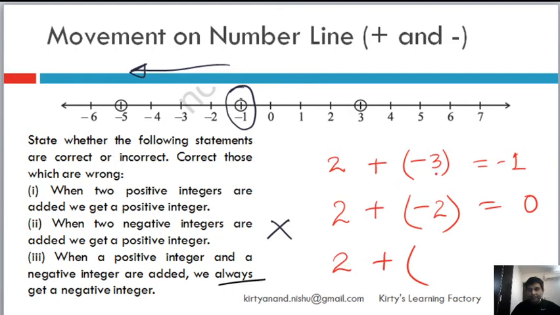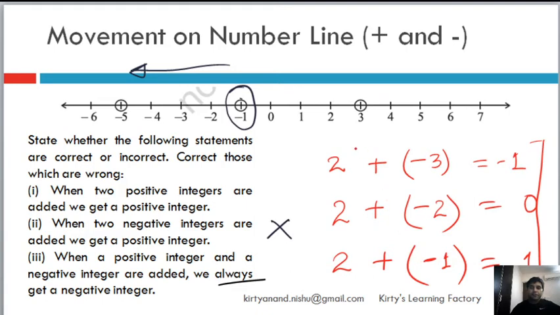Here we have taken a value which is numerically greater than 2. Here we will take a value which is numerically smaller than 2. So let's say we take -1. Now what happens? It is 2 minus 1, which is 1. So as you can see, all 3 are possible.